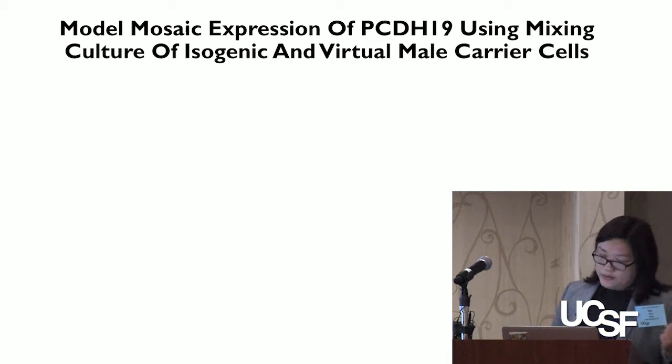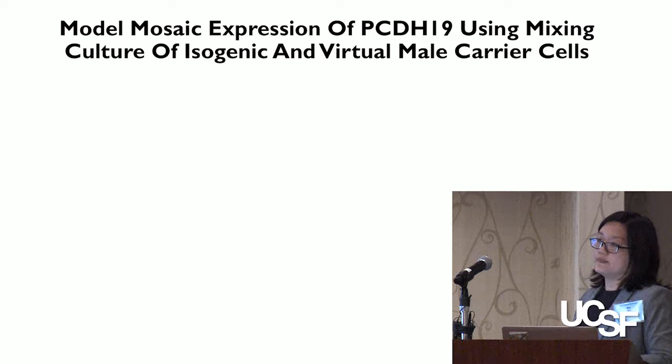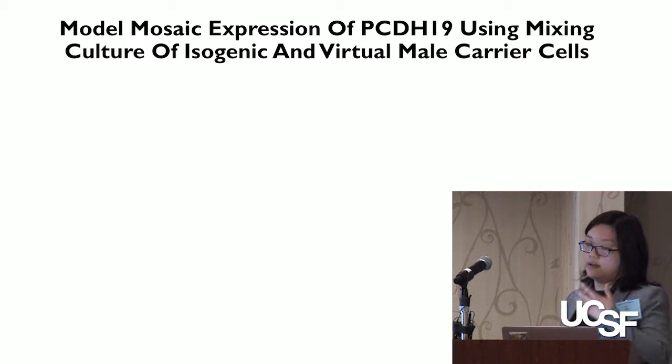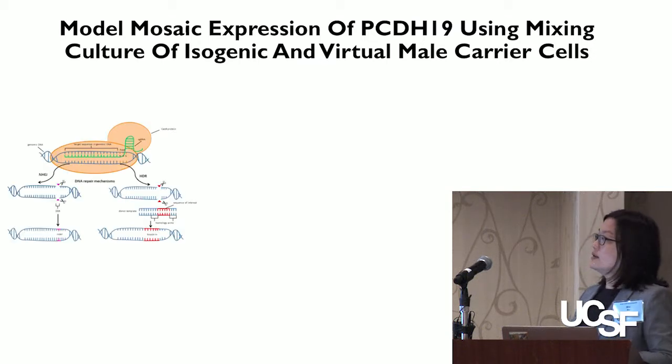As I alluded to in the previous slides, using iPS models derived from patients is a great model. We can look directly into the patient's genetic background, but we need to constantly monitor the X activation state to make sure we are modeling the mosaic expression of PCDH19 at every stage of our experiment. The complementary approach we took in the lab is using CRISPR Cas9 technology, as introduced by Dr. Paul Thomas in the previous talk.